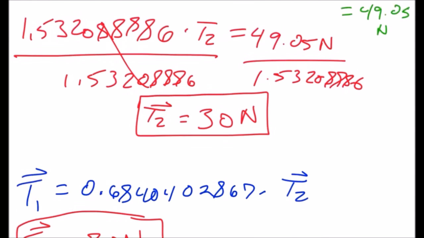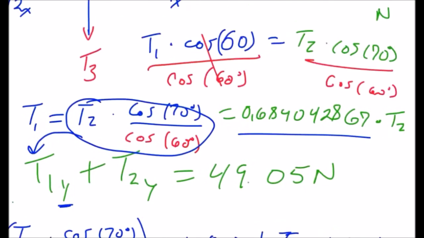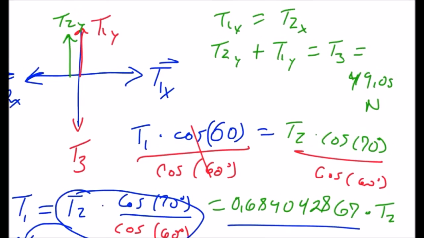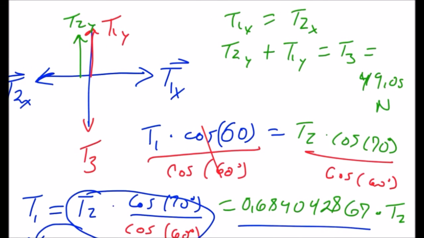All right, let's go back through and look at all of this, okay? So, starting right here, when we got our new free body diagram with all of our decomposed vectors on there, we saw in the x-axis that T1x is equal to T2x, and we have T2y and T1y must equal T3, which was 49.05 newtons, okay?